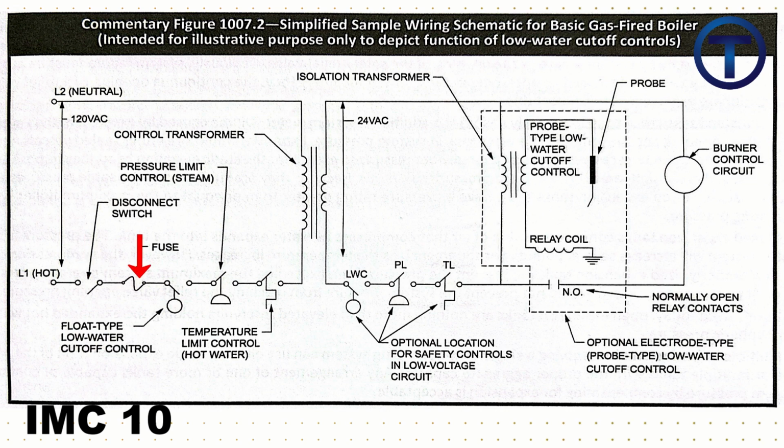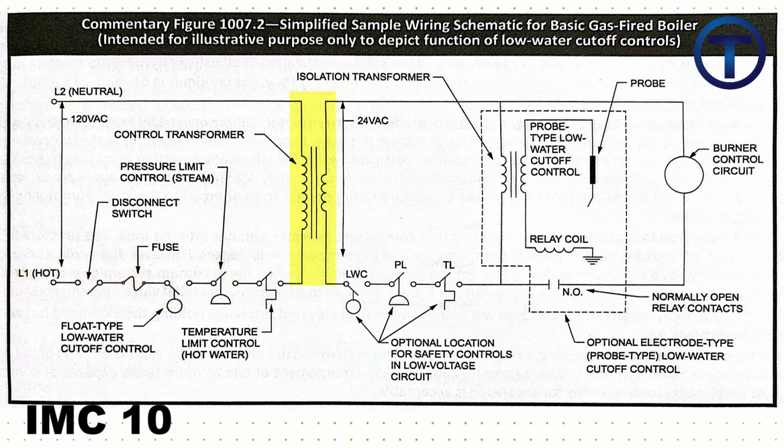There's a fuse that can burn out and shut it off. There's a float type low water cutoff. We've talked about that. So if there's not enough water, it kills the electricity. There's a pressure limit control. Too much pressure kills the electricity. There's a temperature limit control. Too hot kills the electricity. A series of 5 different things that can shut off the power if there's a problem.